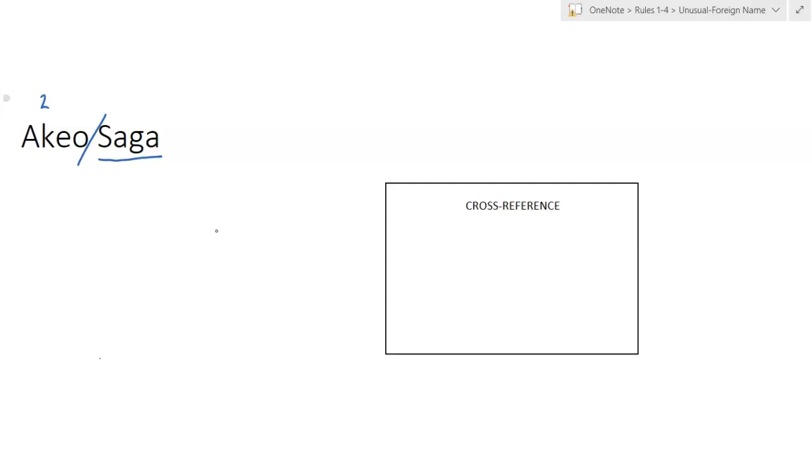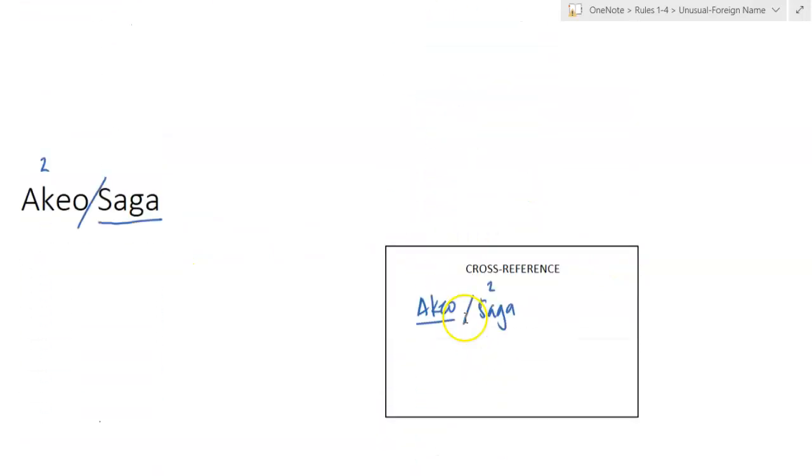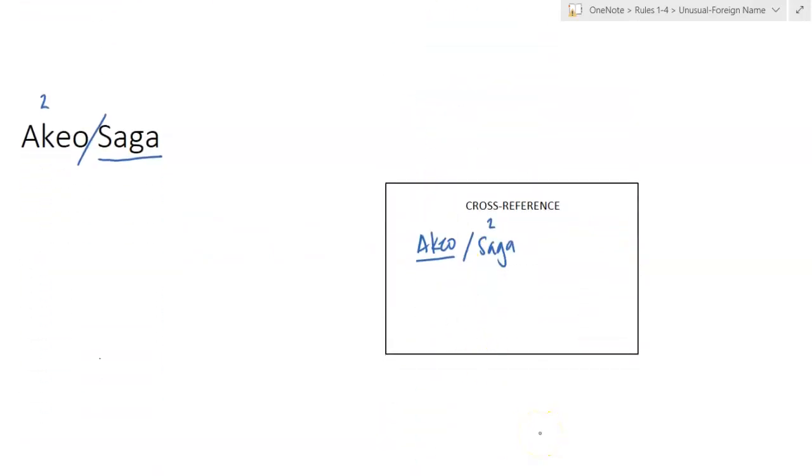When I create the cross-reference for this, I would write Akeo here as my key unit and Saga as unit 2. And just like the previous example, I'd still need to create a C notation. So I would refer them back to the original file, which would be C Saga, because that's my original key unit, Akeo.